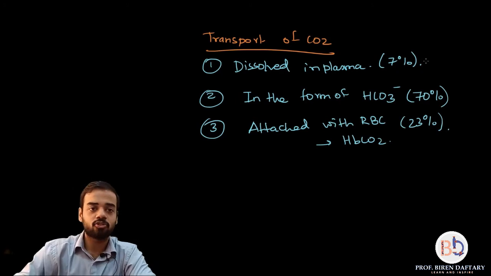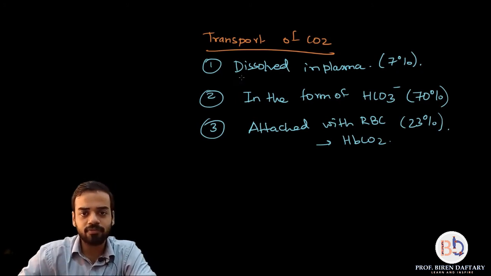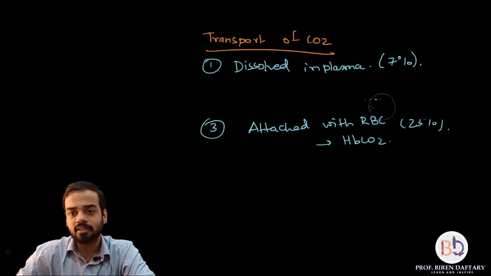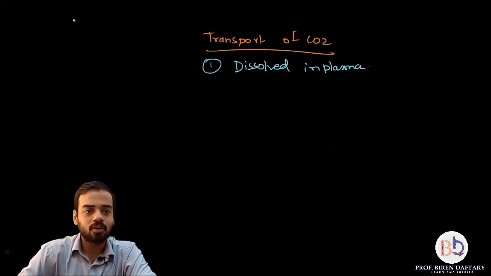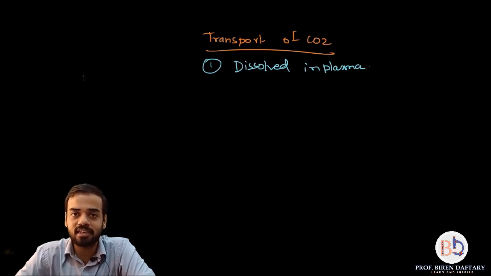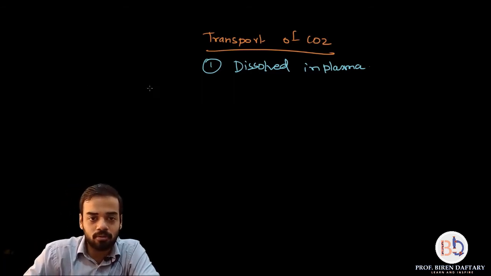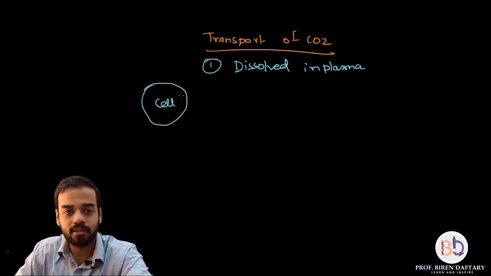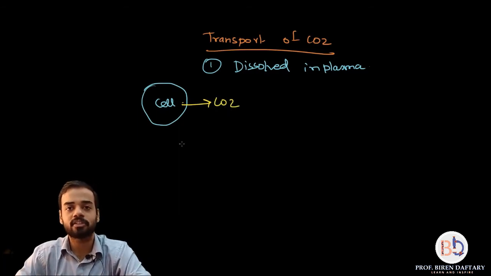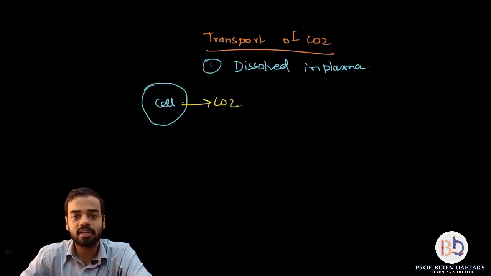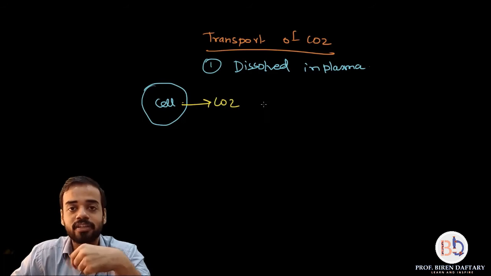Is this clear? Let us start with the first part of transport, the carbon dioxide which is dissolved in plasma. Now this is very simple. The carbon dioxide released by the cell, I am just drawing a cell over here, correct? This cell is releasing carbon dioxide because of respiration. This carbon dioxide will dissolve in the plasma of blood.